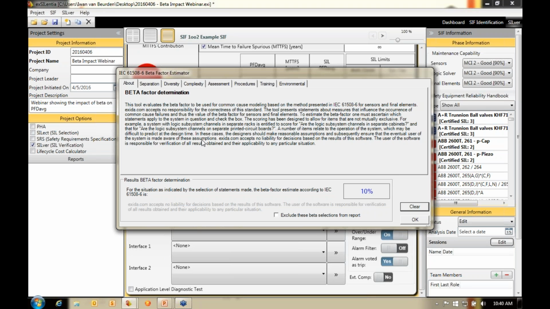There is a little explanation there as to what it means, and I also showed that on the slide.